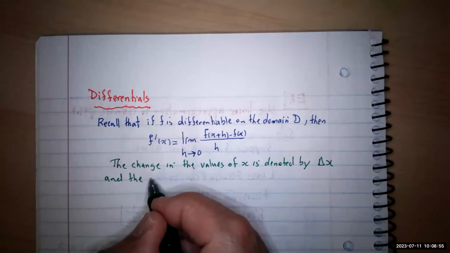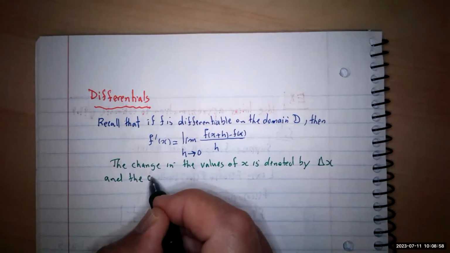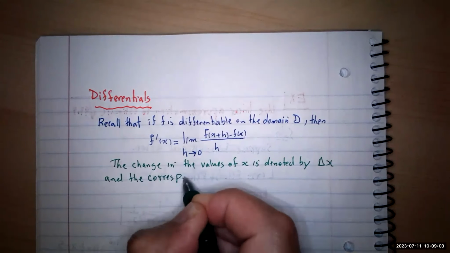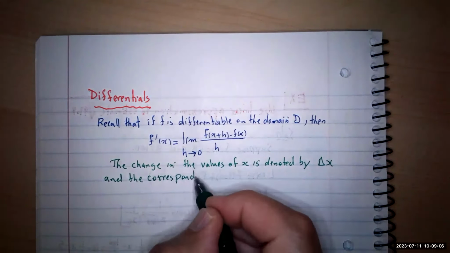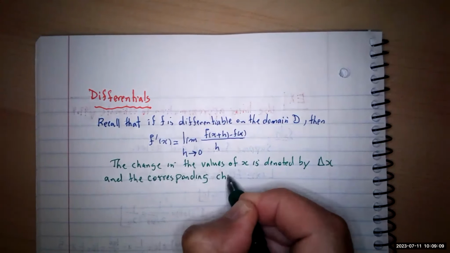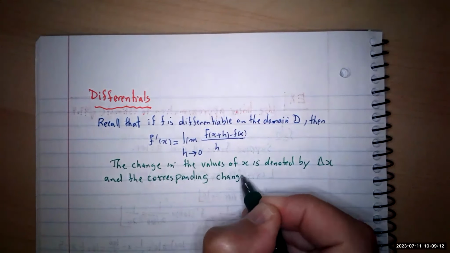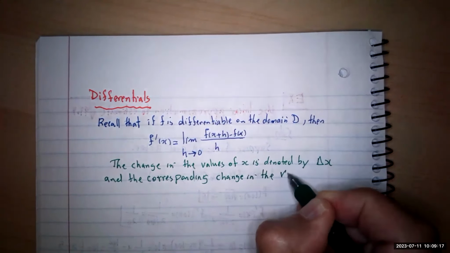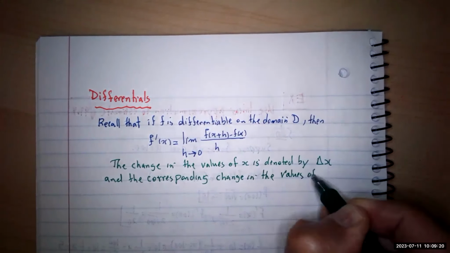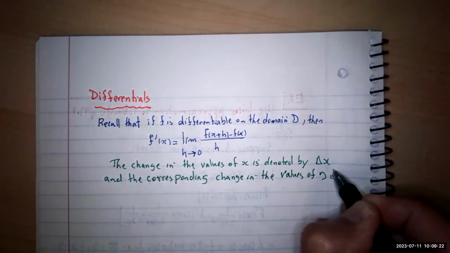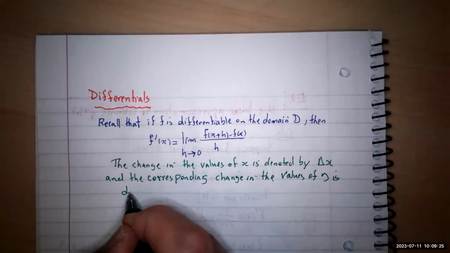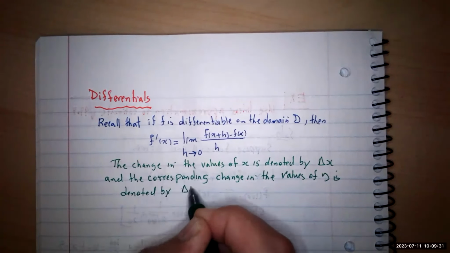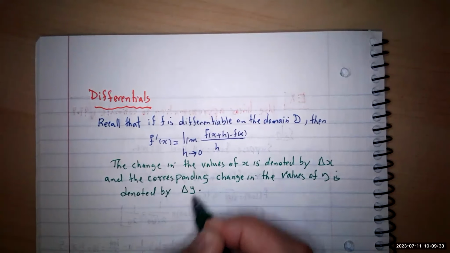When we change the x, you get a change on the y too. The corresponding change in the values of y is going to be denoted by delta y. Okay, so that was the one that we did before.